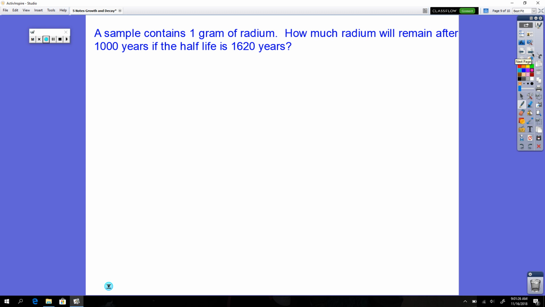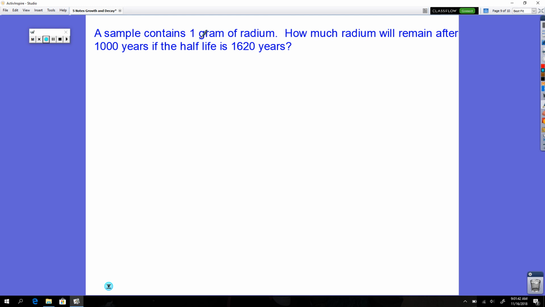All right, a sample gram of radium. How much will remain after 1,000 years if the half-life is 1,620 years? So half-life is how long it takes for half of it to decompose.